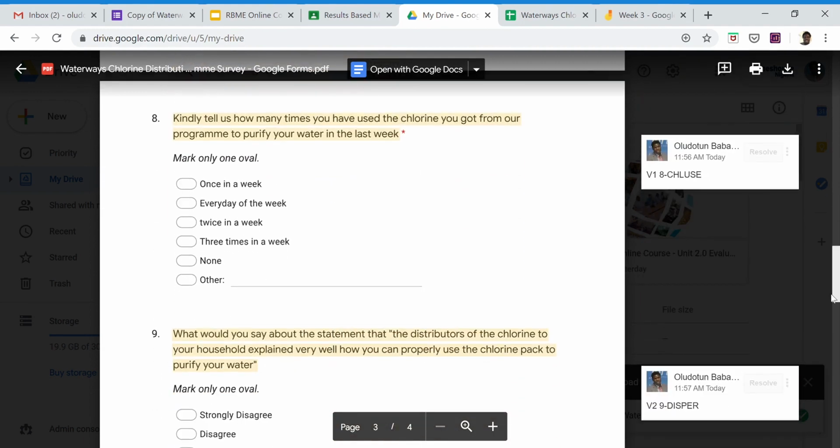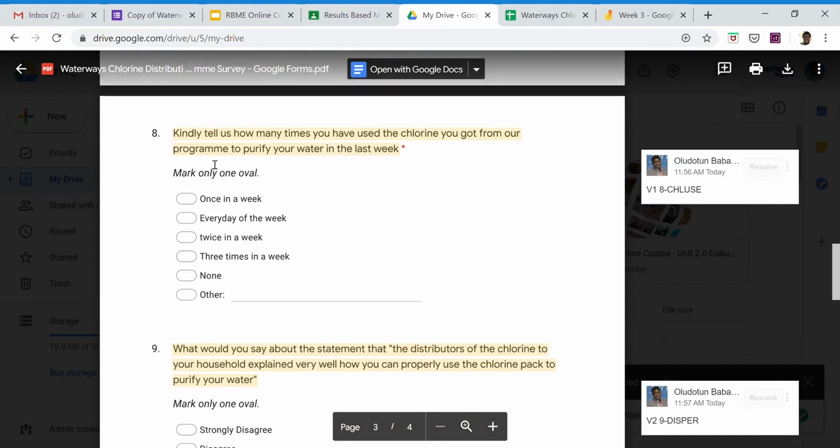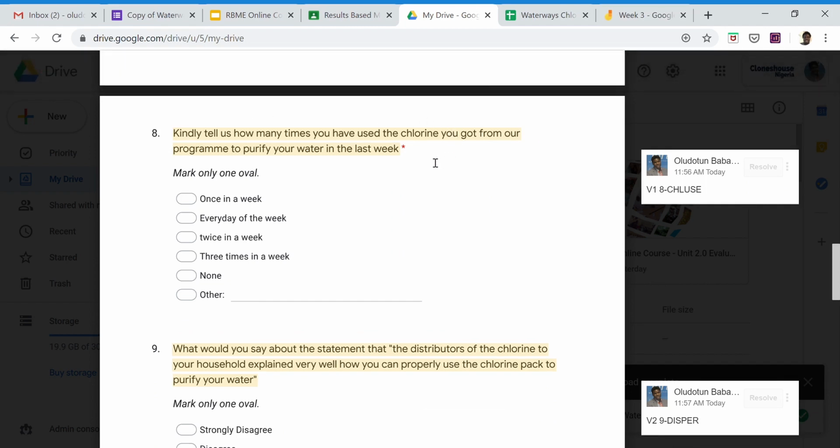That's what we did for some of the variables here. These variables are looking, I can remember vividly, at the outcome stage of the usage by the community members of chlorine to purify their water.